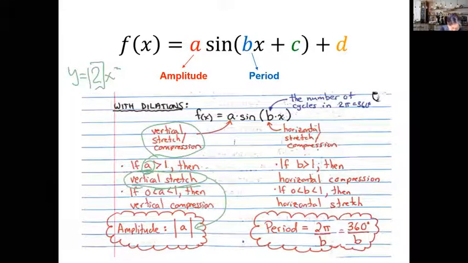If the A value is between 0 and 1, it shrinks the sine wave vertically, so it's shorter. If A is half, it's not going to go up to 1, it goes up to 0.5 and down to -0.5. So it's shrinking to half.